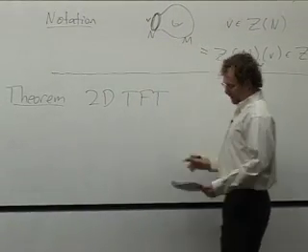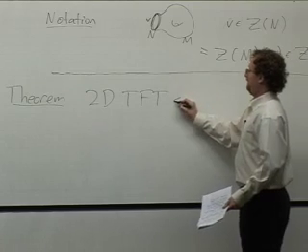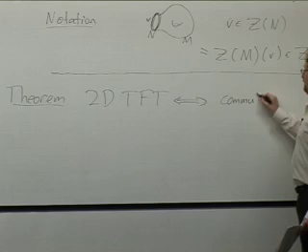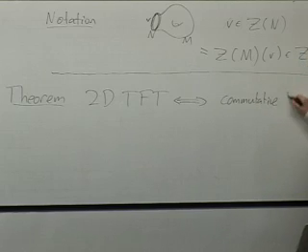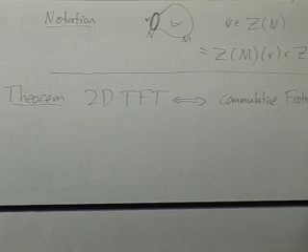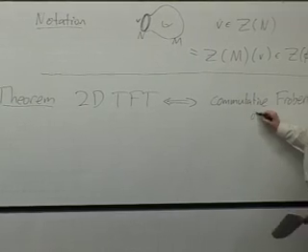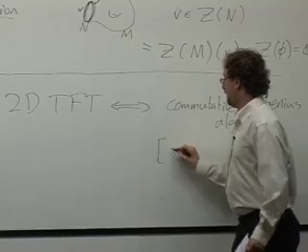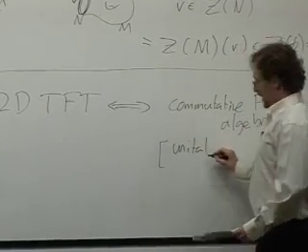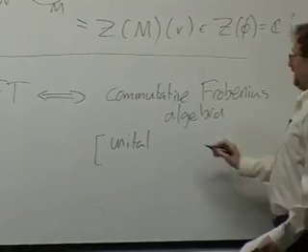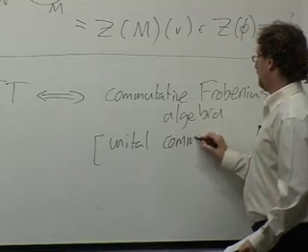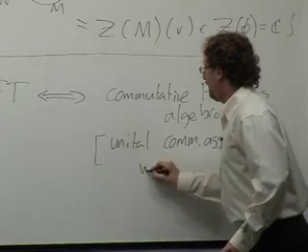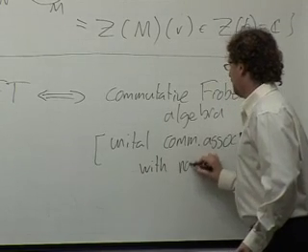A 2-dimensional topological field theory is the same thing as a commutative Frobenius algebra. So what is a commutative Frobenius algebra? This means it's a unital commutative associative algebra with a non-degenerate trace.